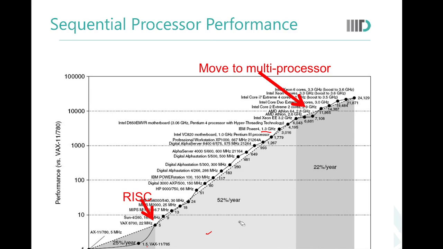So the interconnection network plays a very important role, and if you divide the same task into multiple processing engines, you need coordination between them, you need to exchange a lot of data between them, you need to maintain coherence and all these things. Because of all these overheads, the performance degraded a bit, and that is why we are no longer achieving 52% growth per year in terms of performance, but still we are achieving growth, which is also very healthy, 22% or so per year.